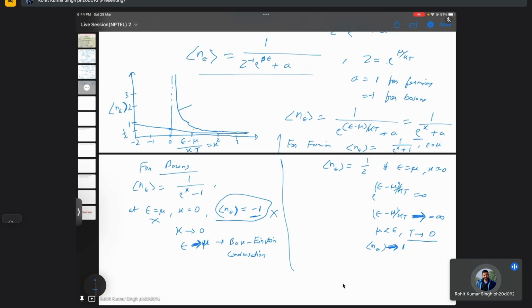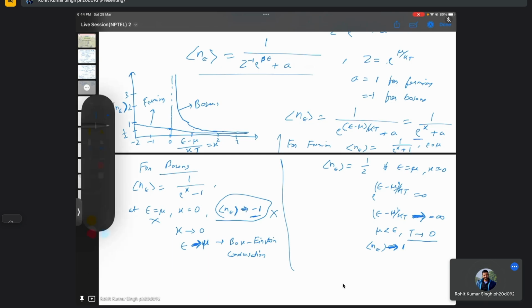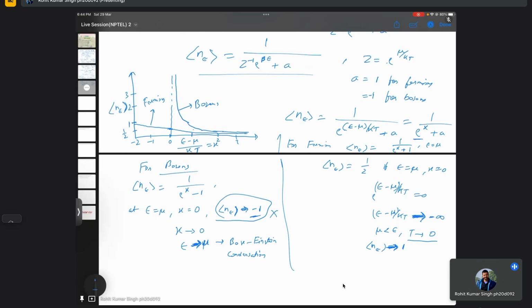So this is for basically bosons, and this is for fermions. Sorry, yeah, this. At E equal to mu, x is equal to 0.